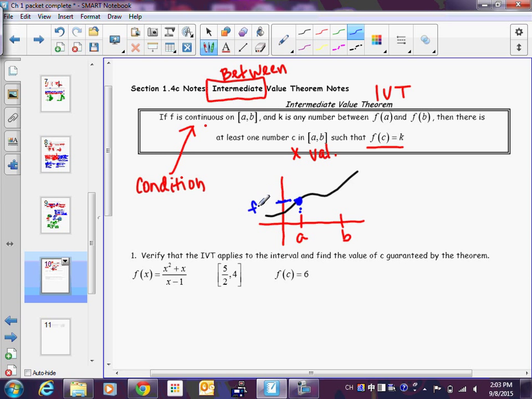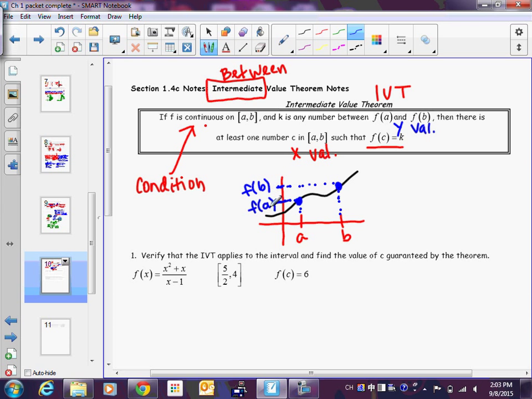F of a. That's where f of a in this problem is coming from. These are the y values. So we're going to do the same thing with the b. And I kind of made these close together, but that's okay. So here's f of b.